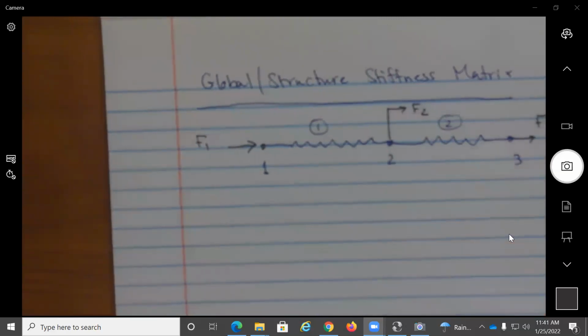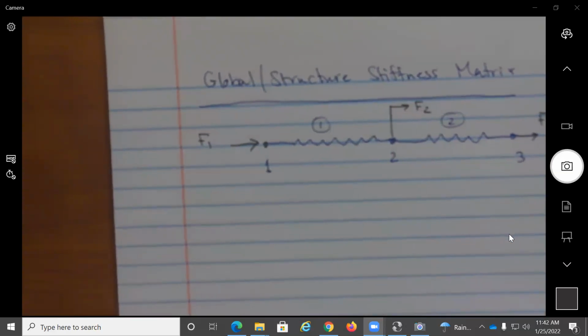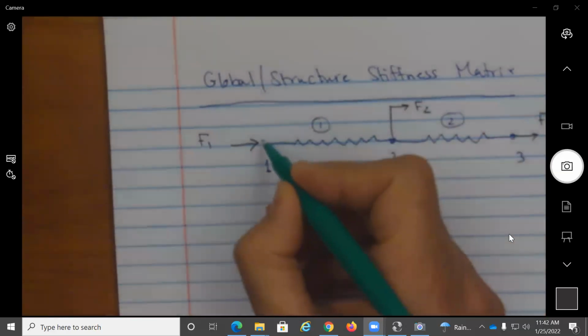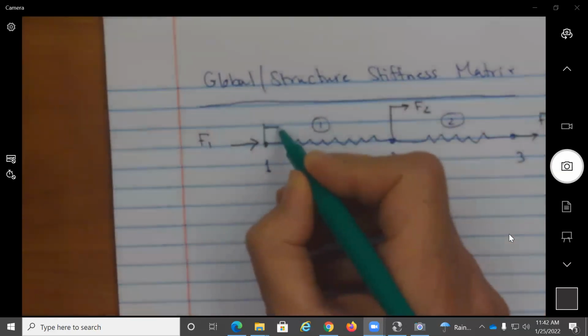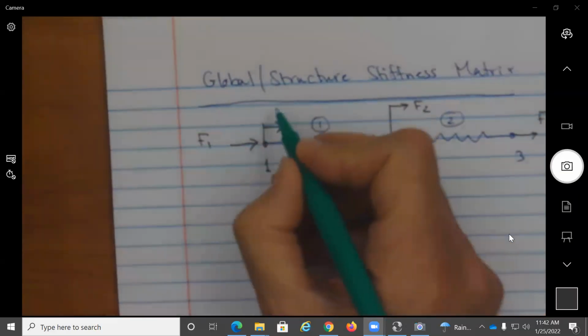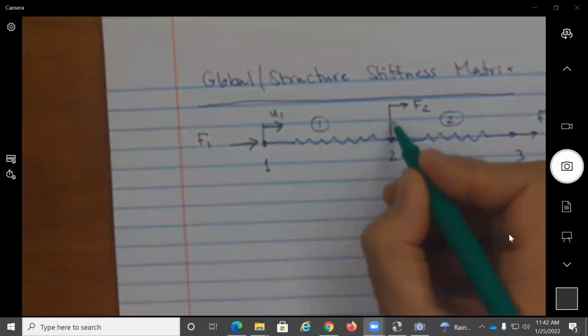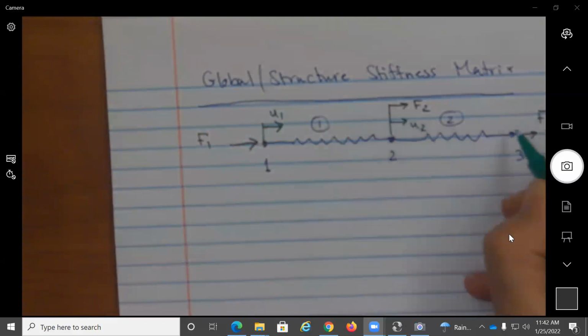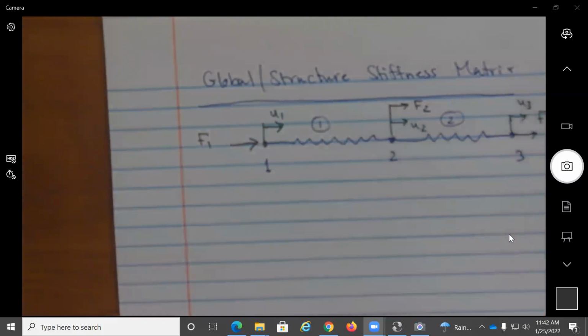And please note that I'm using uppercase Fs. Now, this structure is going to see nodal displacements. At node 1, I'm going to see a U1. At node 2, I'm going to get a U2. And at node 3, I'm going to see a U3.